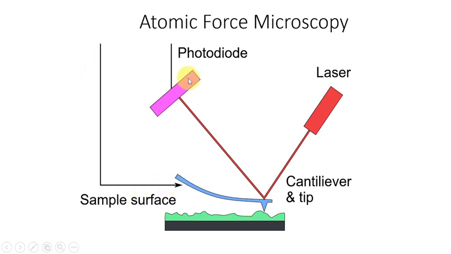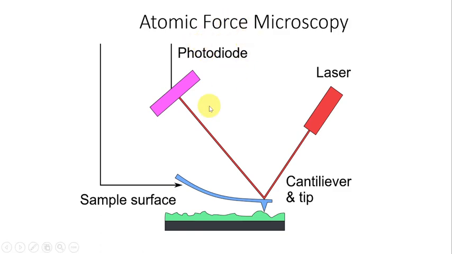The same beam is used in developing a microscopic technique called atomic force microscopy. Using this microscopy, you can even image individual atoms in a crystal, provided the crystal is cooled down to very, very low temperatures.